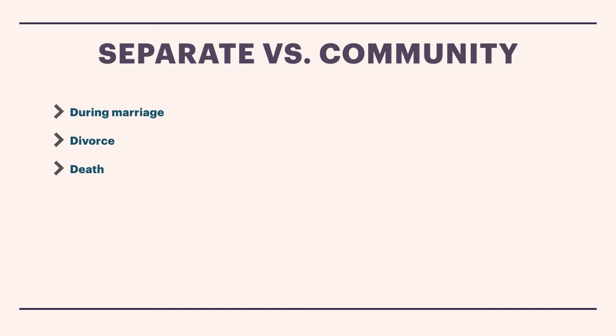Spouse B dies. So now spouse B can devise 50% of the community assets to whomever they would like. So there's no right of survivorship here.